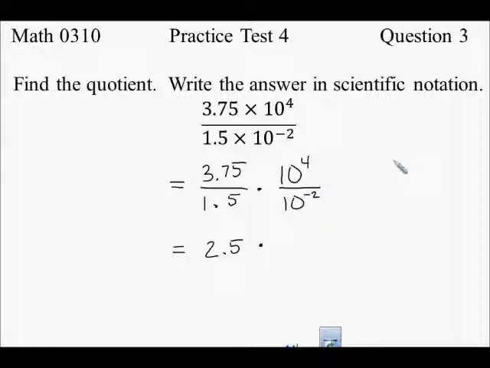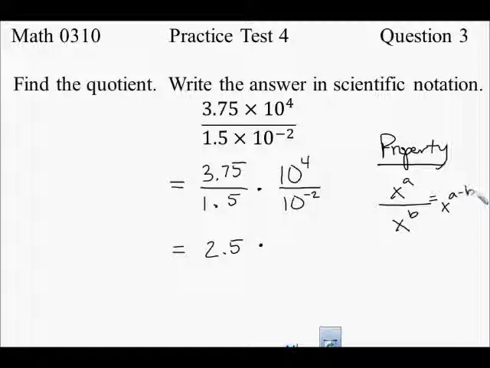So one of our properties of exponents that we want to remember is, if I have x to some power divided by x to some other power, in other words, I have the same bases and I'm dividing, and they both have an exponent, then that is equal to that base with the top exponent minus the bottom exponent.